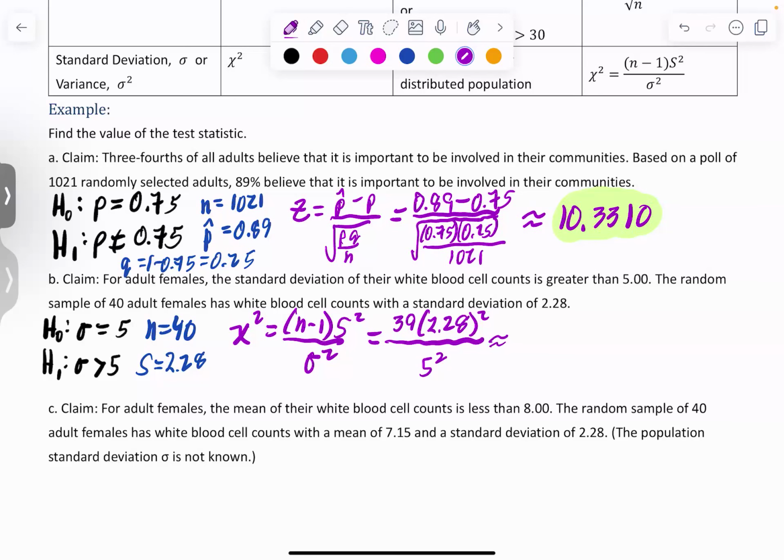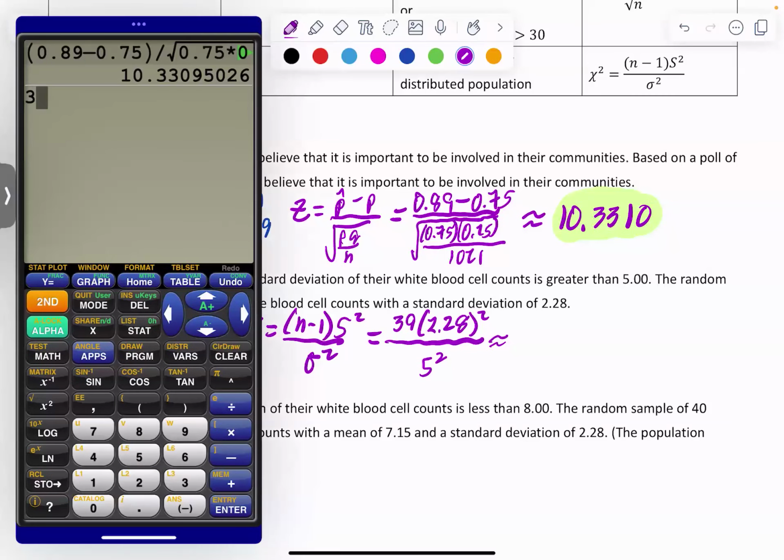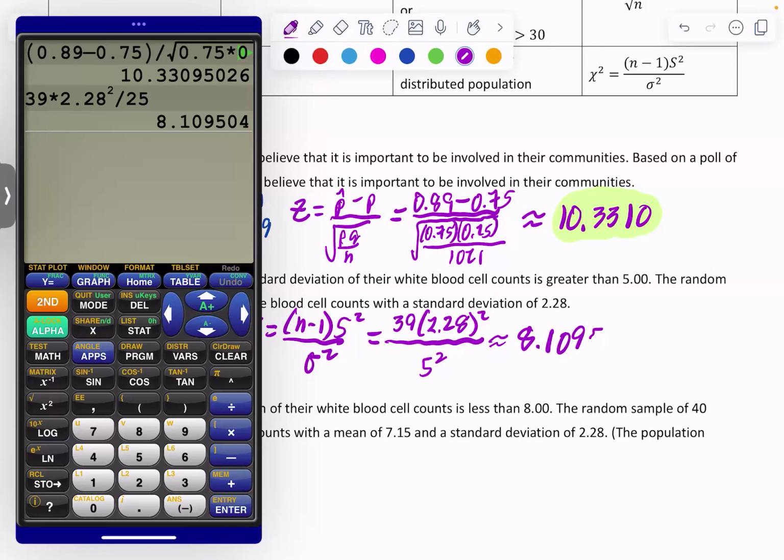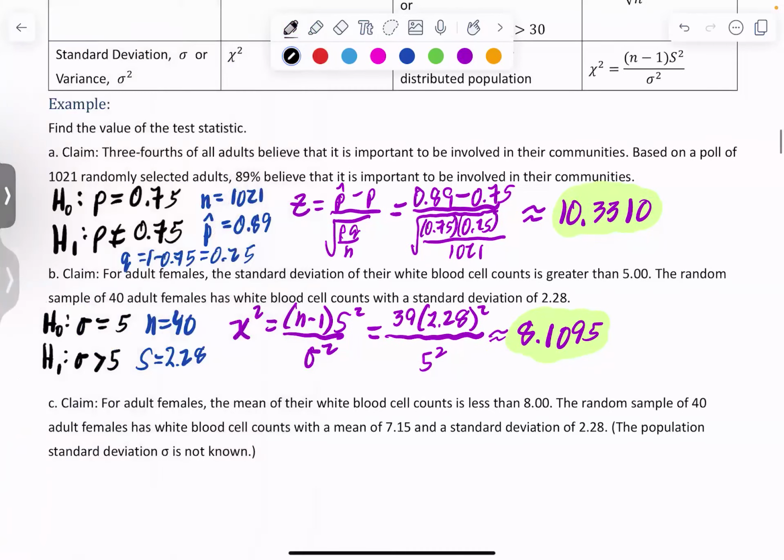Let's see what we get. I'm getting 8.1095. All right, I hope you're keeping up. We have a few more to go.